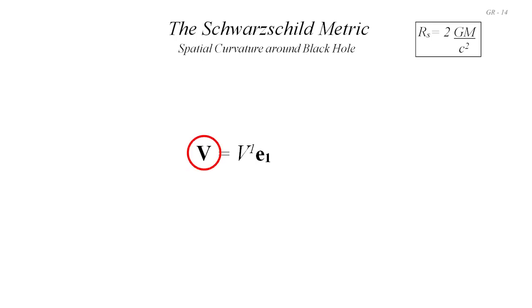Then, in simple terms, you can see that the actual size of the vector v will depend on both the contravariant component of that vector, that is, its measured value v1, multiplied by the basis vector. If the basis vector stretches and goes bigger, then because the vector itself hasn't changed, it must mean that the measured value v1 is smaller than it ought to be, and of course vice versa.